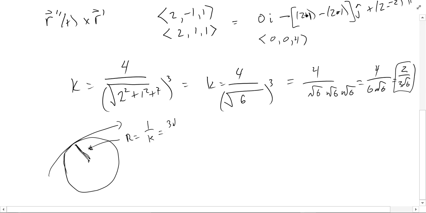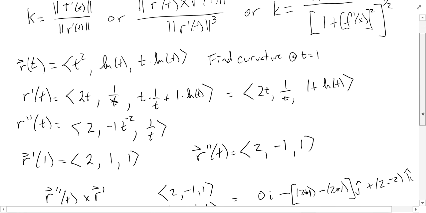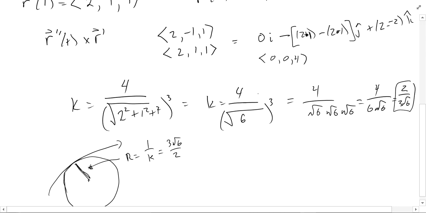It's going to be 3 root 6 over 2. And that would be the osculating circle, the circle that just matches the curvature of that graph at that point. All right, let's just leave it there.